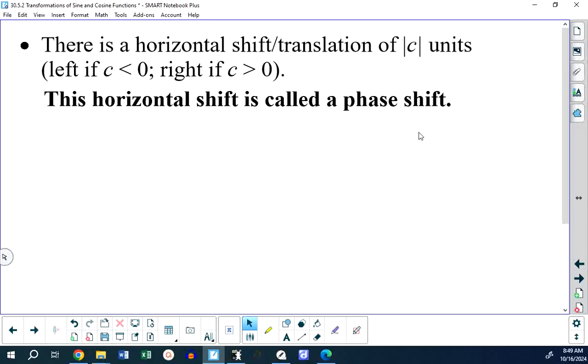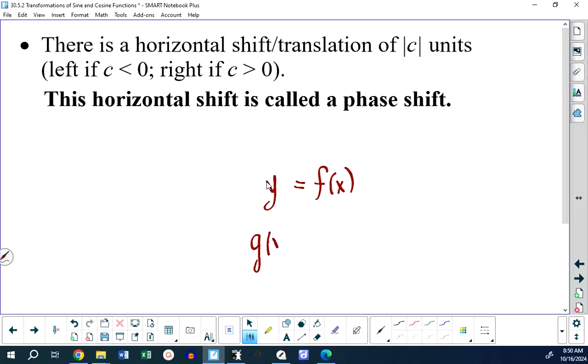There is another issue. So I want to take a little detour here. If I would have told you prior to today that you have y equals f of x, and then you have a new function which is g of x equals f of x plus, I don't know, 6, that should be child's play for you to understand that g of x will be the result of taking f of x and translating it 6 units to the left, correct?